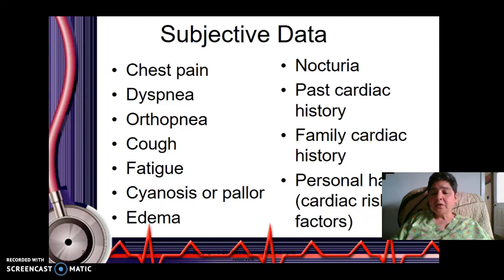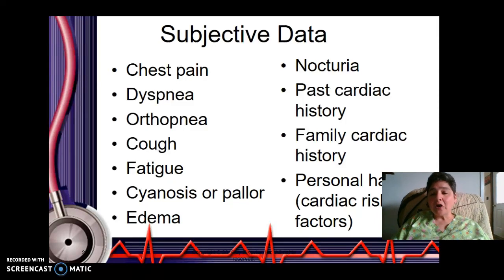Edema, this is important, as we know, because depending on what side of the heart is being affected, or it could be both sides, we may see swelling in different areas. And we'll go over that a little bit more in our lecture in class. Nocturia, again, goes back to that buildup of fluid, so they feel like they have to get up several times a night to urinate.